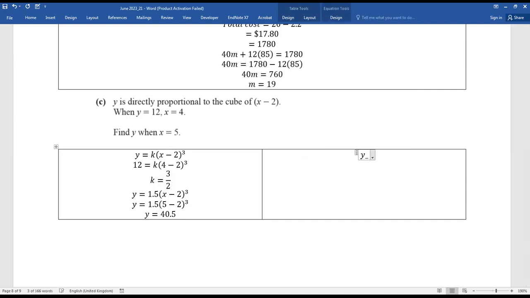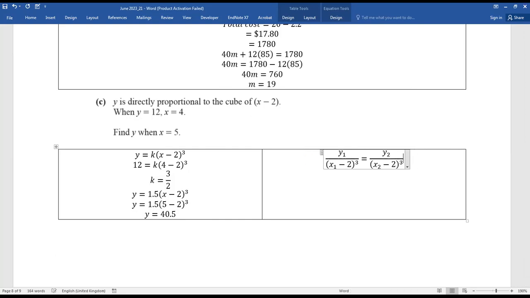y1 upon (x1 minus 2) cubed is equal to y2 upon (x2 minus 2) cubed.